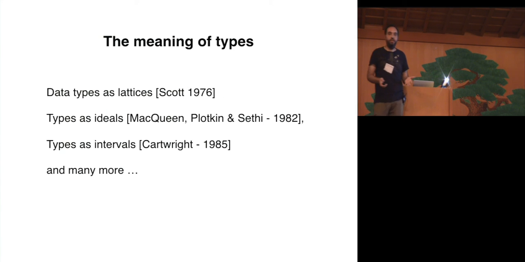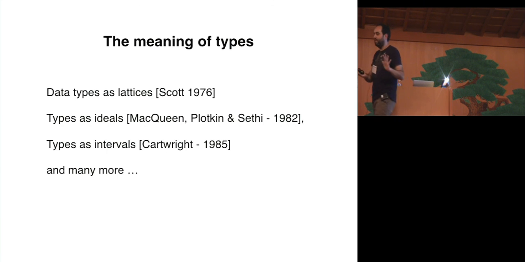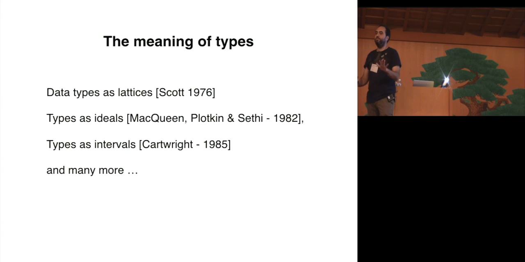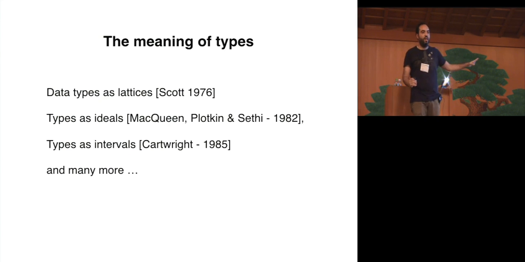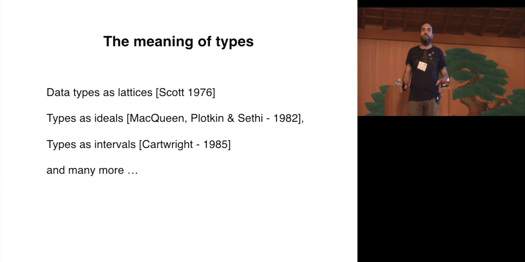The last thing I would like to do is put this work into some sort of historical perspective. What we have observed in the last 15 years of research in higher-order contracts has happened before, not with contracts, but with type systems and types. In the 70s and then in the 80s, there was a big strand of research looking at the meaning of types. There were many useful insights there, many great results.